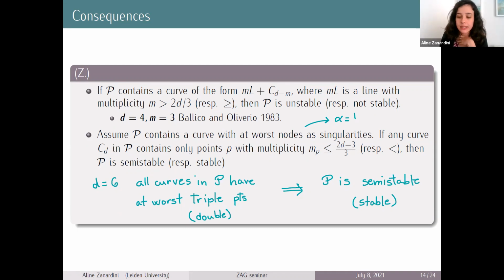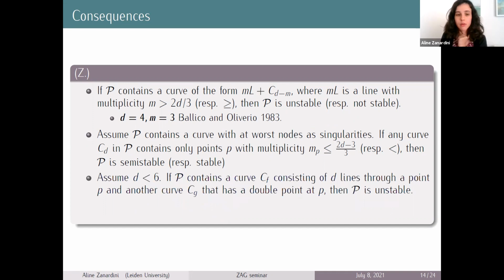And the last consequence or example that I want to show is the following. Now assume D, the degree of the curves, is less than 6. Now, if my pencil contains a curve that consists of D lines through a fixed point, P, and another curve that goes through that common point, P, with a double point, then my pencil is unstable.